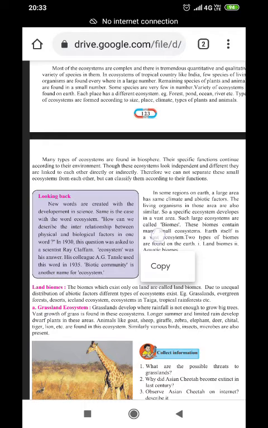Some species are very few in number. A variety of ecosystems is found on the earth. Each place has a different ecosystem, for example, forest, pond, ocean, river, etc. Types of ecosystems are formed according to size, place, climate, and types of plants and animals.